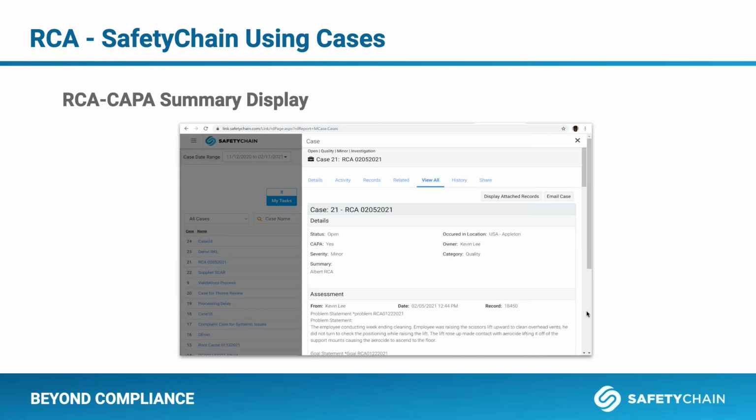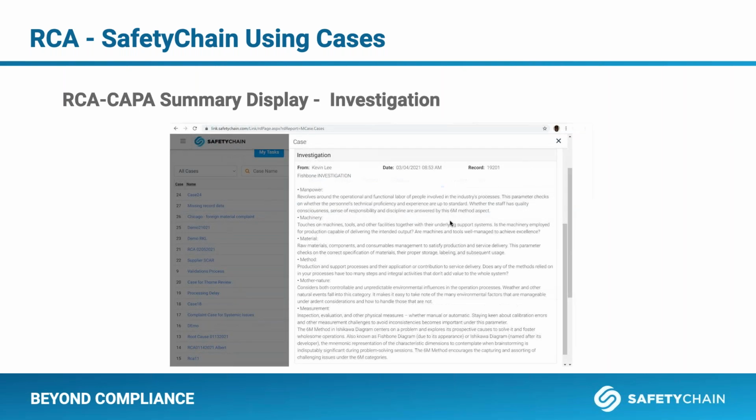Right here, I can see the assessment, and I can see the details of what's going on, the case number. When I look at the next slide, I threw in my Fishbone investigation. Now I just scrolled down on the same record and notice I could see investigations, my manpower, machinery, method. Here I could see the 5-minute read of the content that I collected in my investigation. So we could see which techniques and tools were utilized in order to get to the root cause.